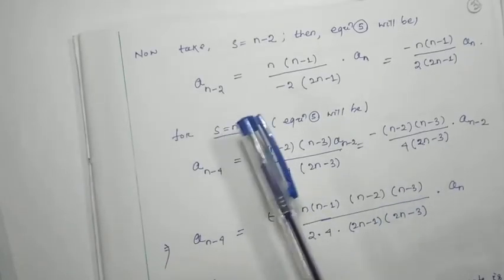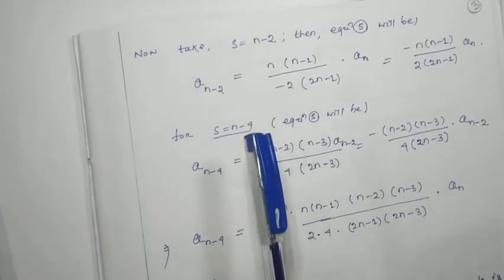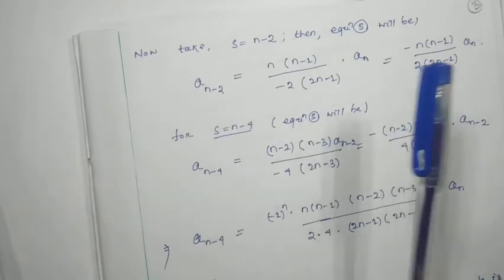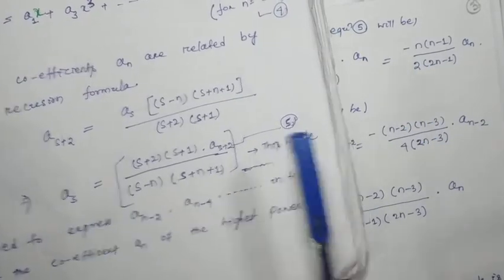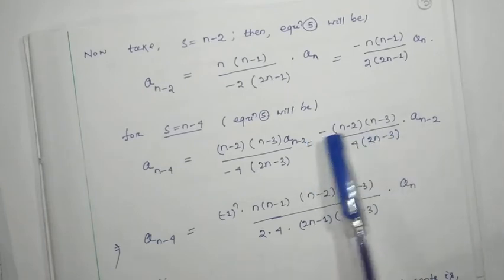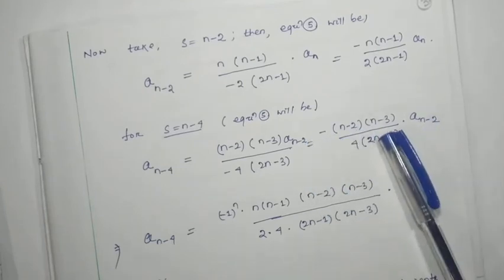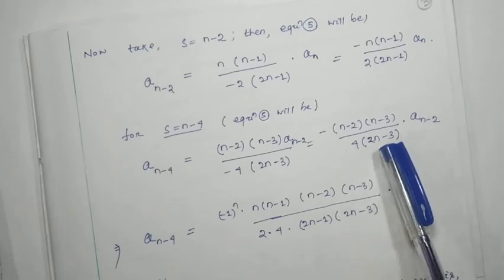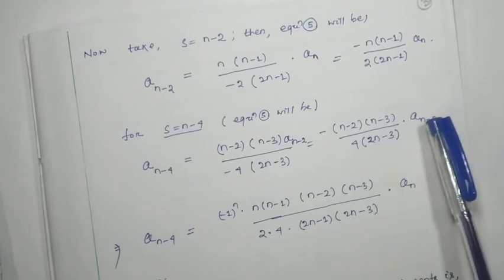Similarly, by considering s is equal to n minus 4, then in equation number 5, you can check that it will be minus n minus 2 into n minus 3 by 4 into 2n minus 3 into a n minus 2, right?